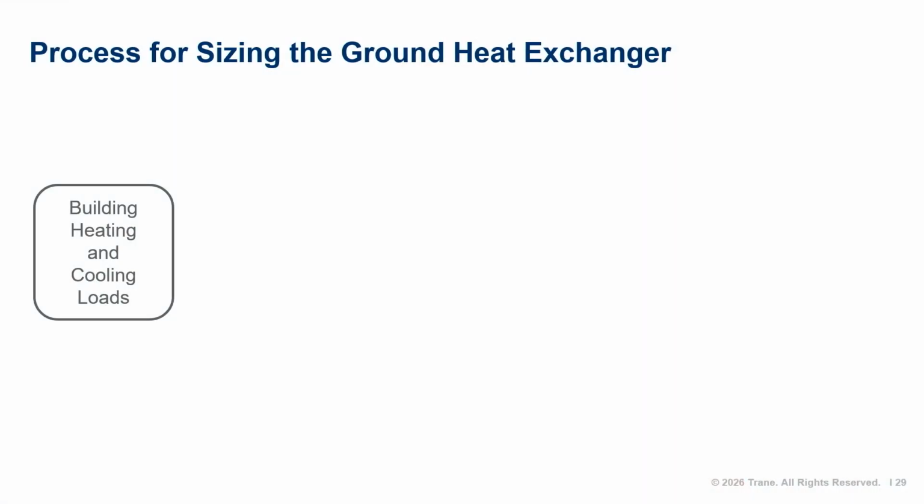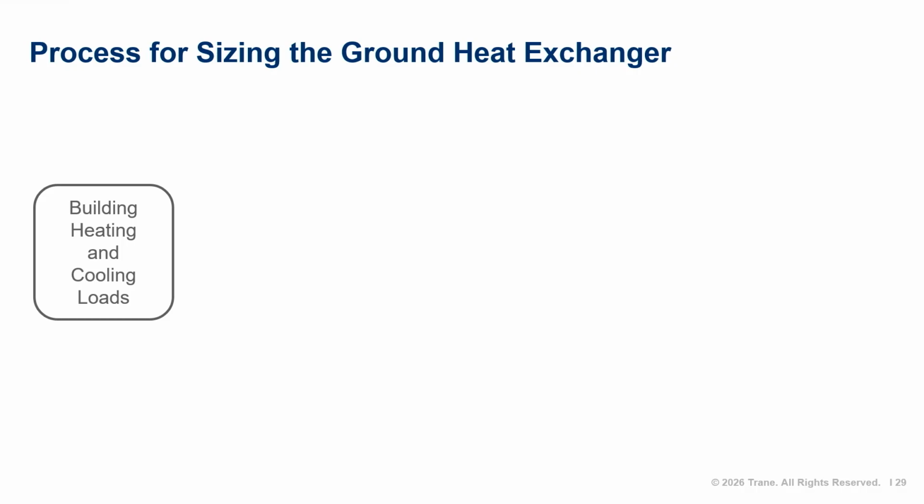Now that we have an overview of the process, let's take a closer look at how the value of total borehole depth is calculated. Understanding the sizing logic will reveal which levers can be adjusted to fine-tune the size of the ground heat exchanger. The process starts out with the heating and cooling loads for the building.